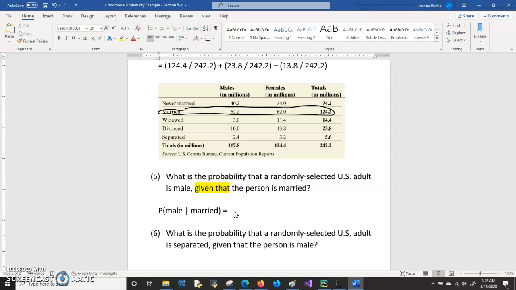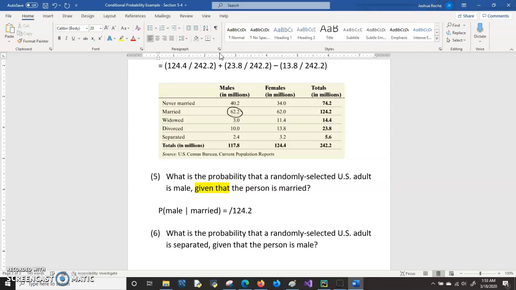And in that row, the total of that row is 124.2. And that's going to be the denominator, 124.2. And the numerator, let's see, so in that row of married people, the number of people who are male in that row is 62.2.